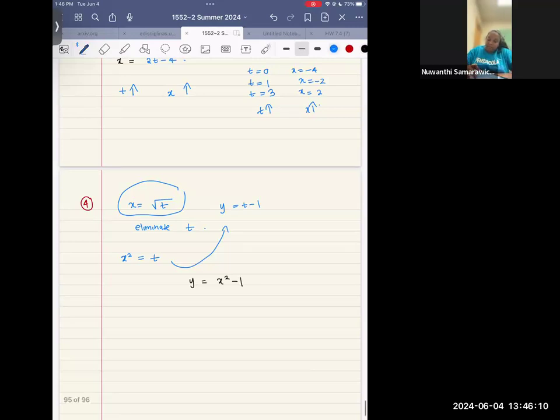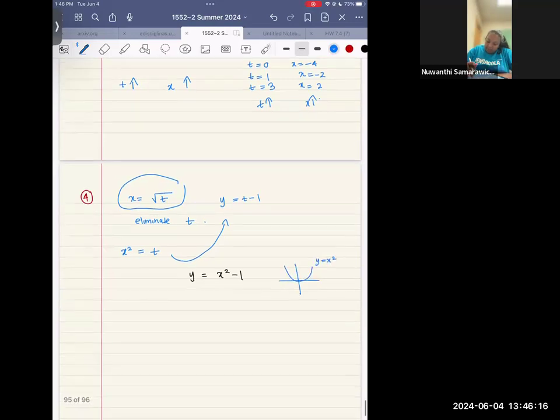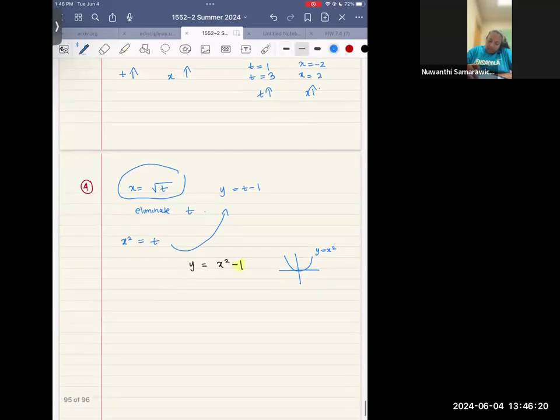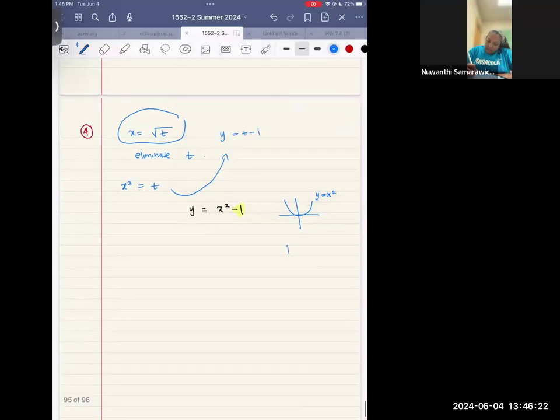Now this is a vertical shift. Why? This is the basic graph of x squared, and because of this negative one, it's a vertical shift. Y is equal to x squared minus 1.